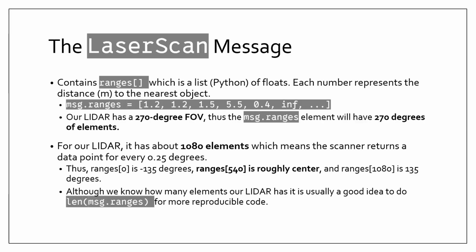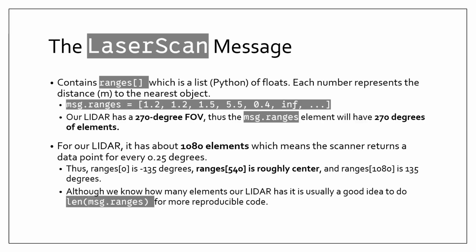Our lidar specifically has a 270-degree field of view. So how can we interpret this inside of the ranges? That means the ranges will cover 270 degrees of elements. Our lidar has around 1080 elements, which means the scanner returns a data point for every 0.25 degrees.